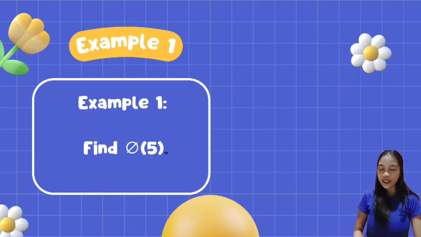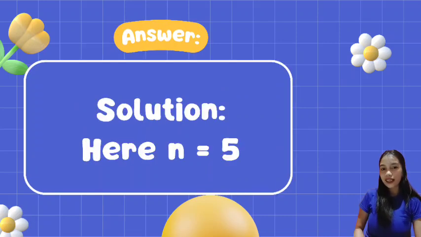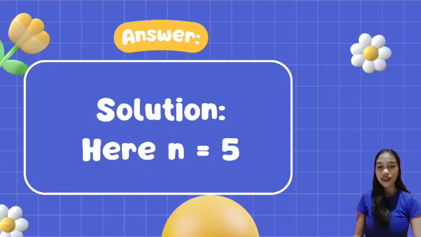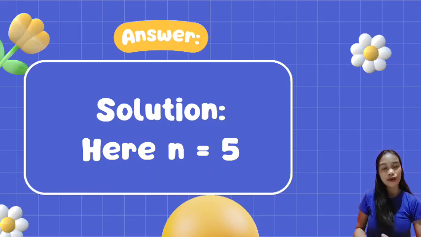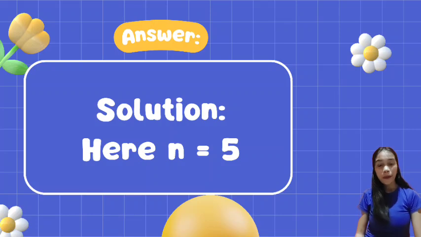To solve phi of n, let us first identify what n is. Since in the given example we have phi of 5, then n is equal to 5. Since phi of n counts the positive integers less than n which are relatively prime to n, let us first identify the numbers less than 5. Remember that these must be positive integers.